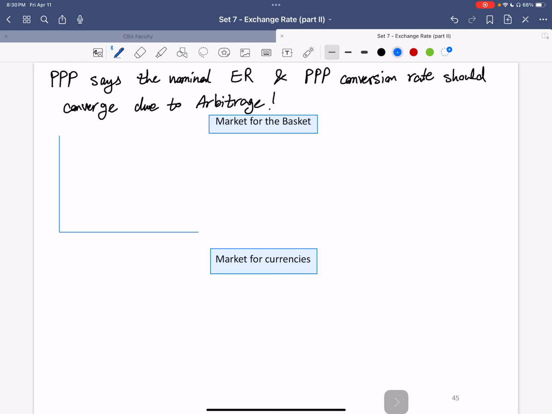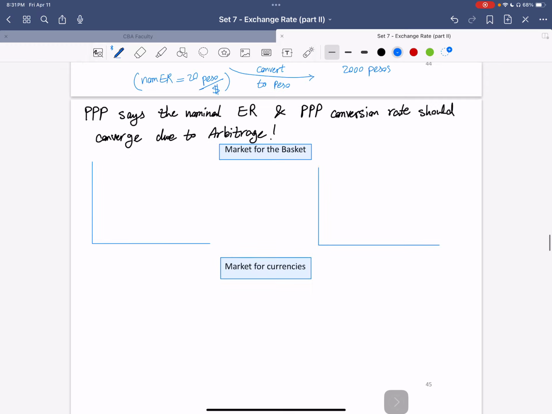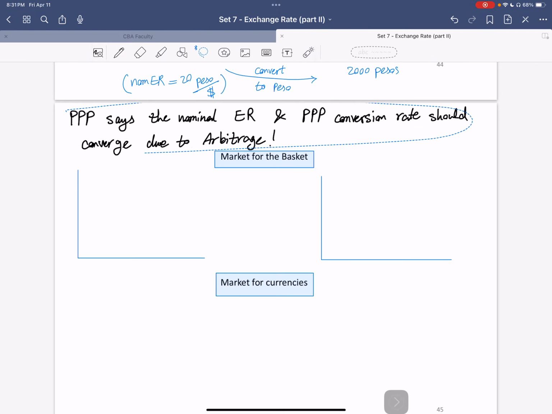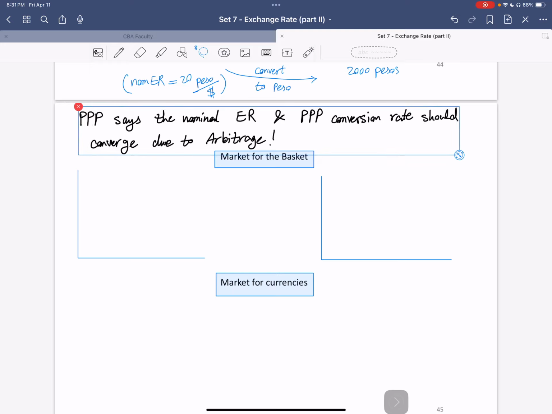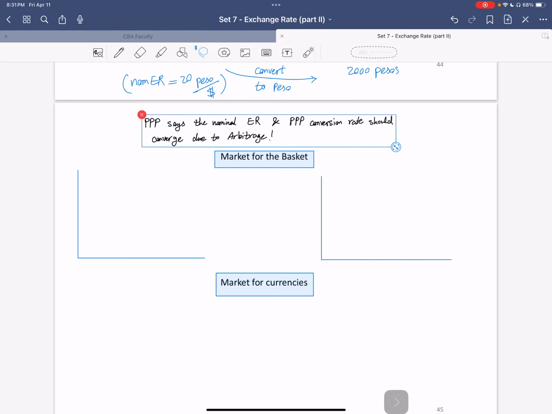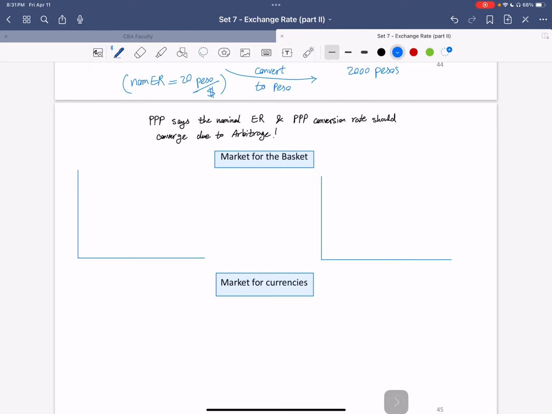Let's say we have a market in Mexico and a market in the US. We have Mexico on this side and the US on this side.